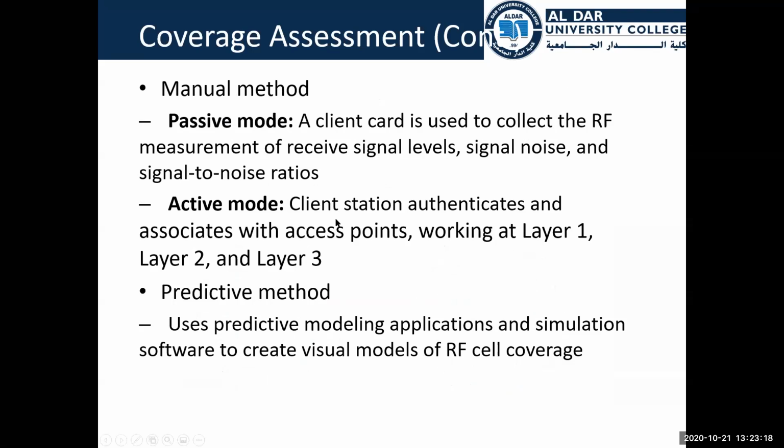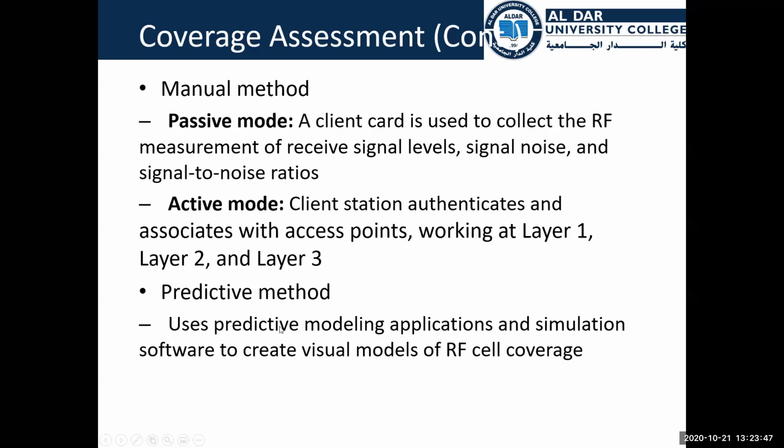In the active mode, the client station authenticates and associates with the access point. We talked about this already; it is a repetition of the same concept of passive mode and active mode.